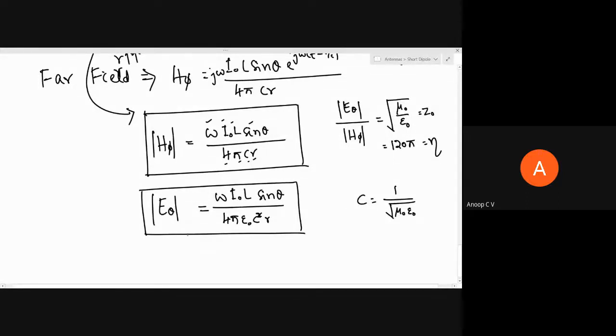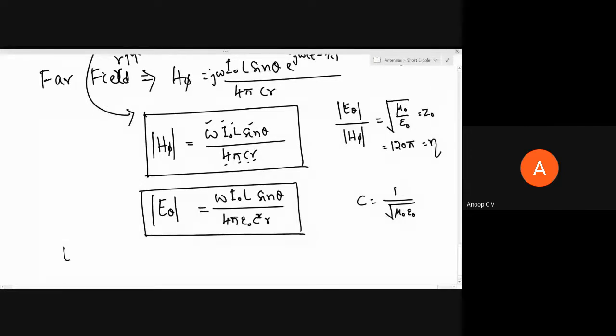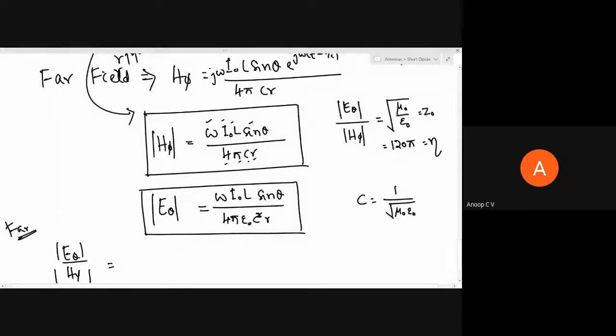What remains, for E theta divided by mode of H phi in the far field, not the general case, is 1 by epsilon naught c.